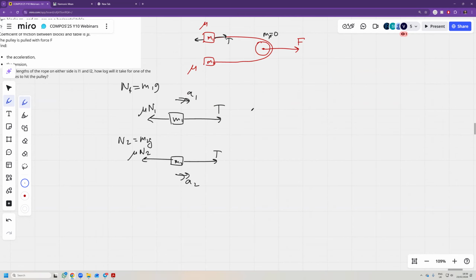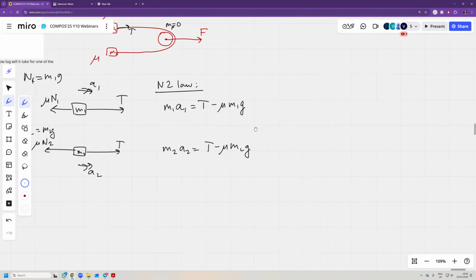So we can write down Newton's second law. Mass 1 times acceleration 1 is equal to T minus mu M1 G. For the second block, M2 A2 is equal to T minus mu M2 G. It's the same rope, so it's the same tension everywhere.